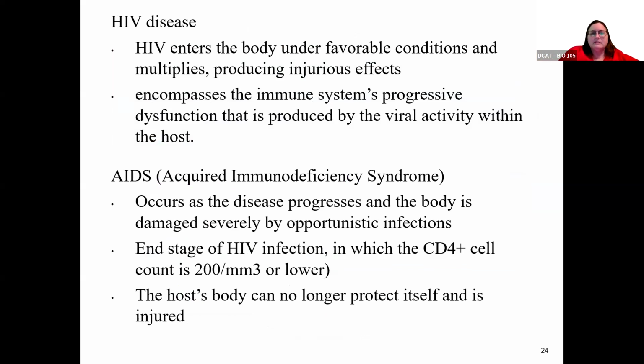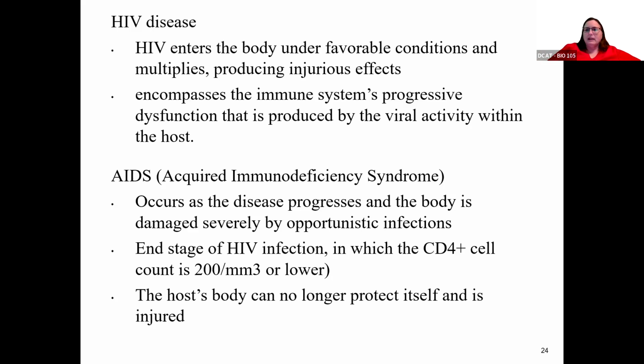So it encompasses the immune system's progression, dysfunction that is produced by the viral activity within the host. Pretty much what that is saying is that as it progresses, it's going to affect the host immune system, and it's going to cause it not to function properly. And as the immune system is not functioning properly, then it's going to allow for more virus to be produced.